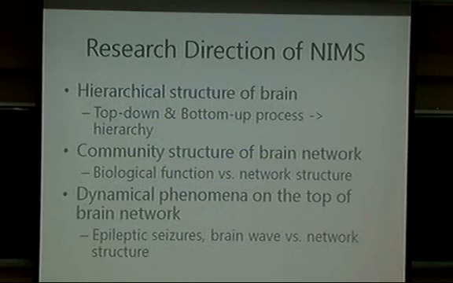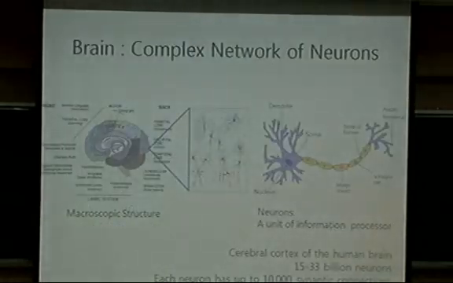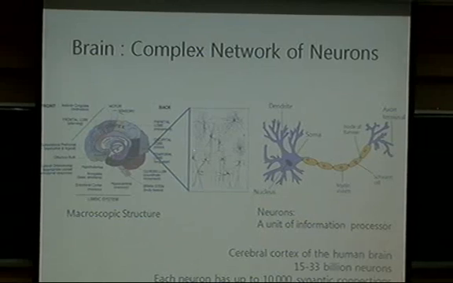Based on this, our direction to study the brain network has three goals. One is the hierarchical structure of the brain. How the top-down process which I talked about before can be related to the hierarchical structure of the network is one issue. The other issue is the community structure of the brain. When you see pictures of the brain, it is well known which part is related to which function of the human.